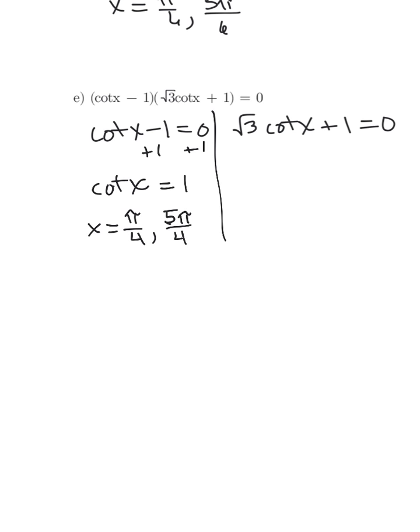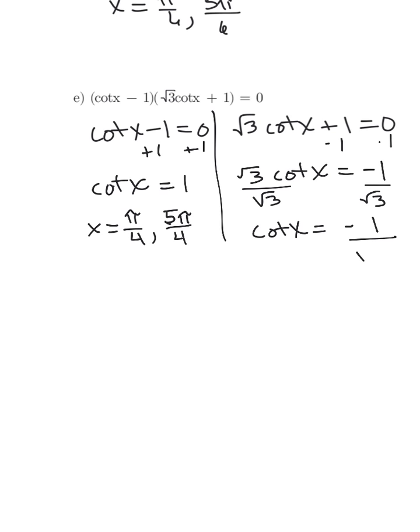Now come over to the second one. First thing we're going to do is subtract 1 on both sides. So we have the square root of 3 times the cotangent of x equals -1. Divide by that square root of 3. We're dividing by the coefficient to get the variable by itself. So we're going to have the cotangent of x equals -1 over square root of 3. So on this equation, our cotangent is negative.